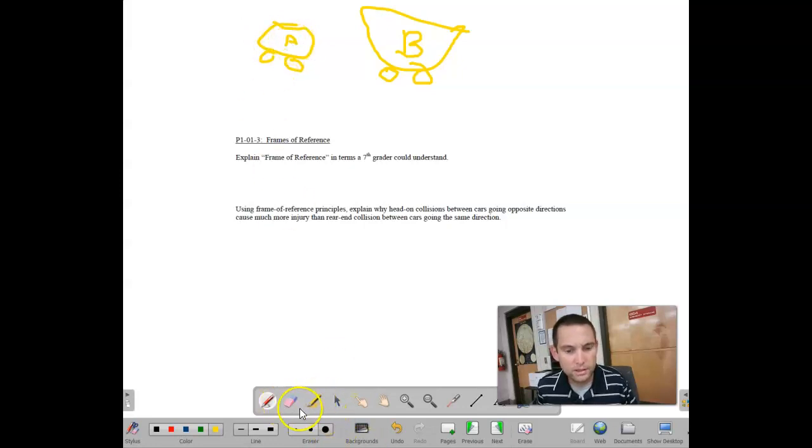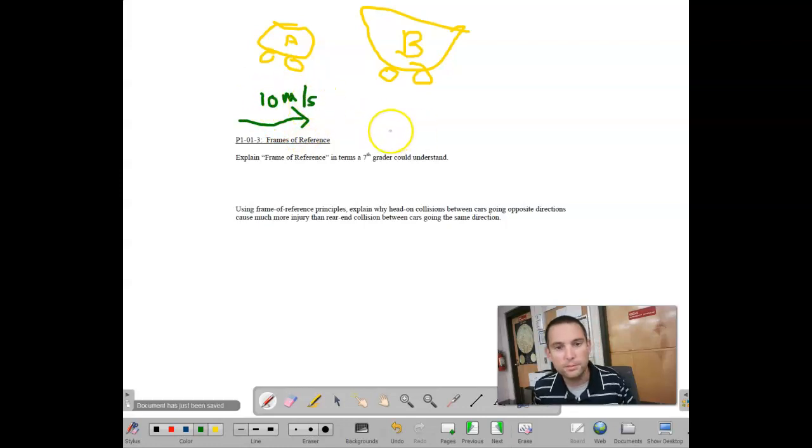Okay, so if B is not moving, and A is again moving in this direction. This time we're going to slow it down a little bit, and we're just going to say 10 meters per second in this direction. If you're in car A, how fast is B moving towards you? B is going towards you 10 meters per second in the opposite direction.